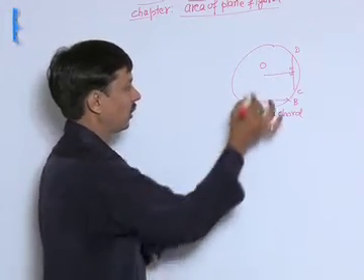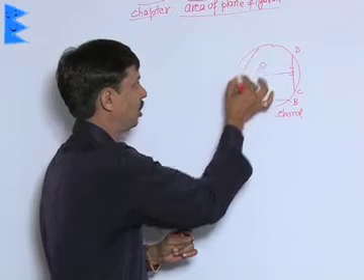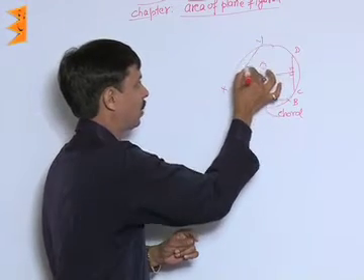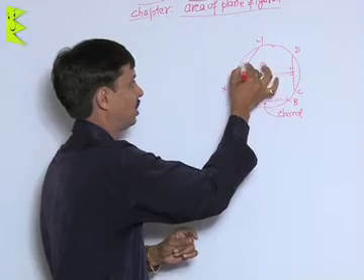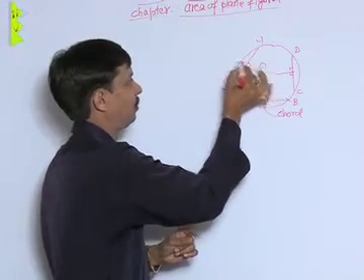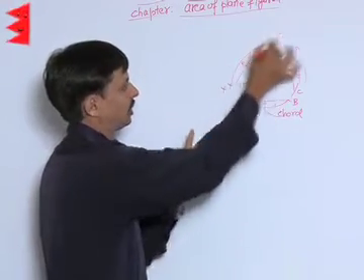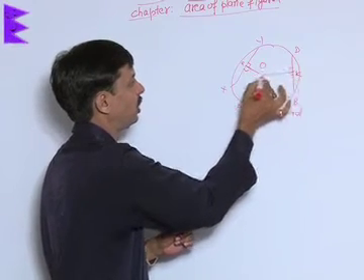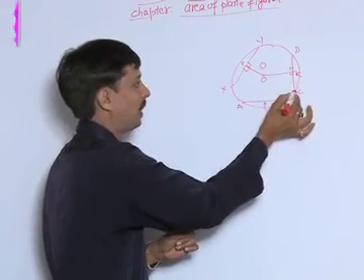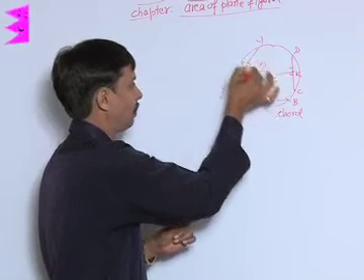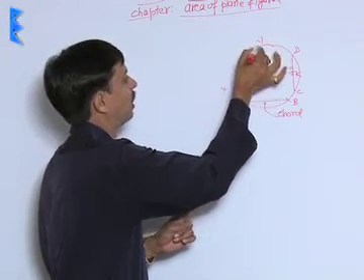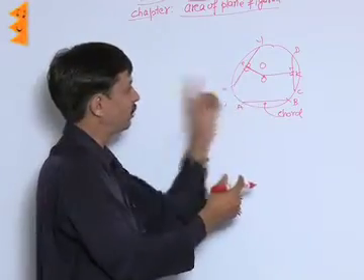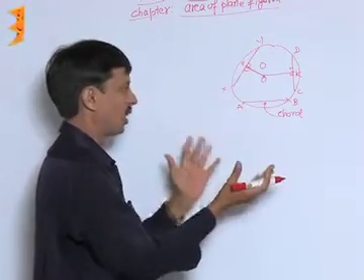Or if you draw a perpendicular from the center, the converse of this property is that it will meet the chord at its midpoint. So there are two results.